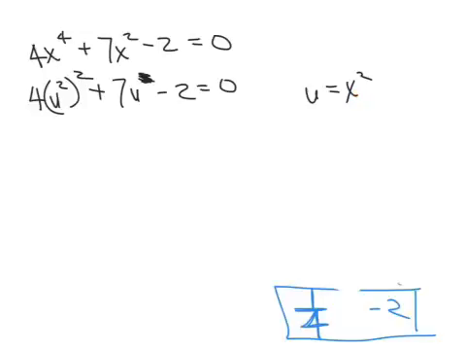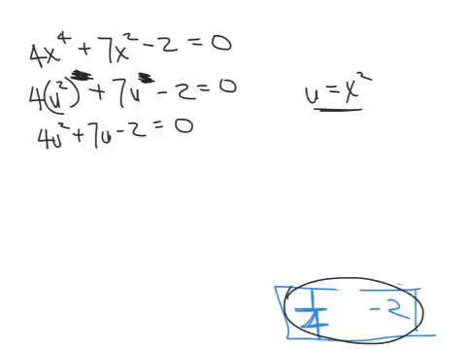Well, I guess we could actually go ahead and take this one off, because if u equals x squared, then if we square u, we get x to the 4th. So anyway, we get 4u squared plus 7u minus 2 equals 0. And we found out that u equals 1/4, and it also equals negative 2.